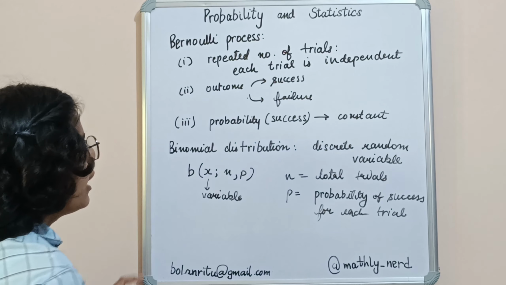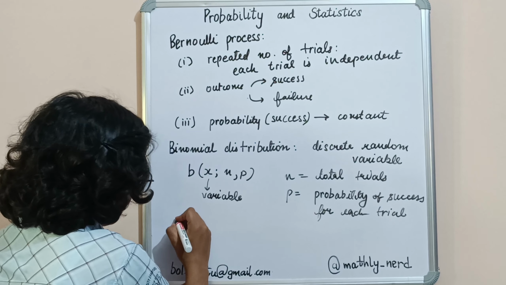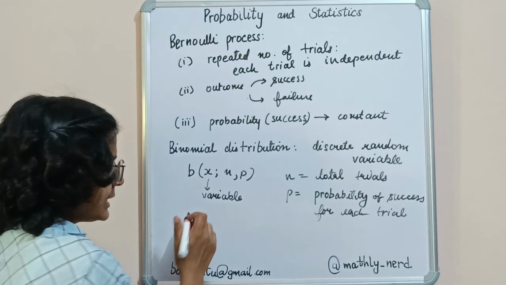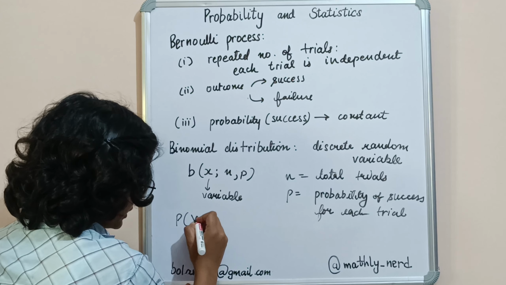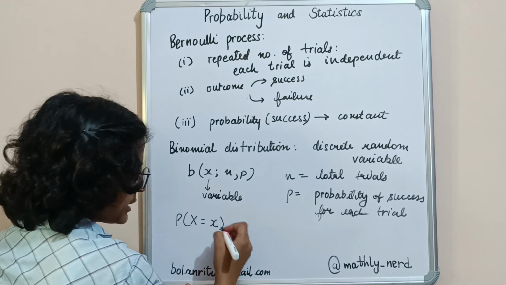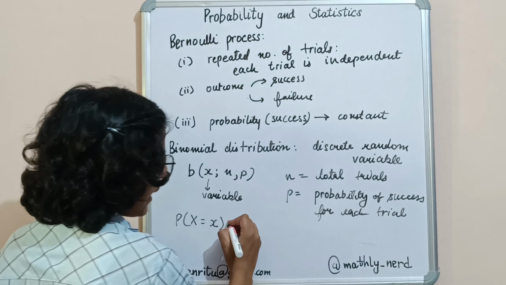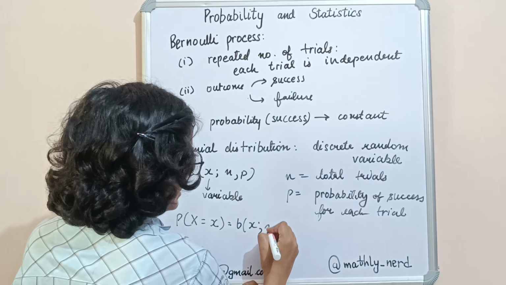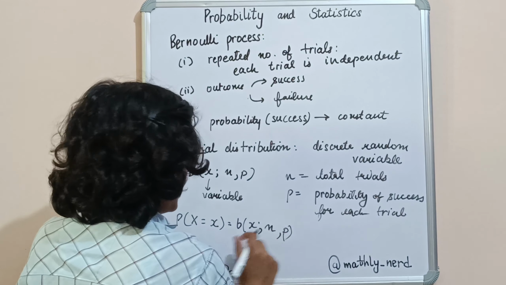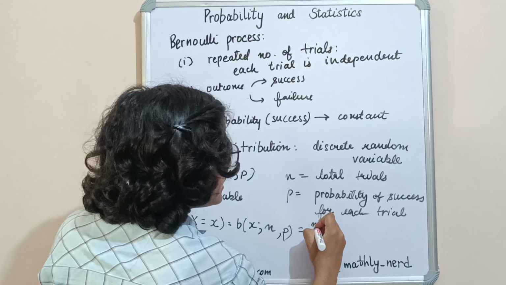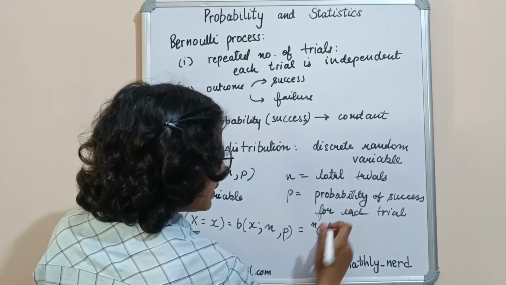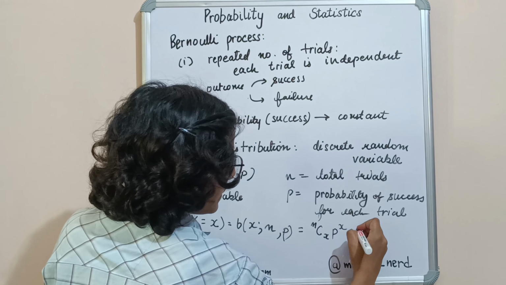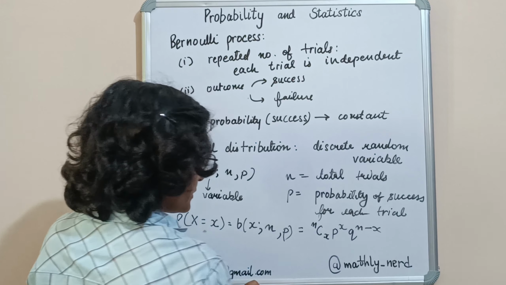Now, for a binomial distribution, if we want to find out probability of number of success equals to x from n number of trials, we can write this as b of x semicolon n comma p, and this equals to nCx p to the power x q to the power n minus x.